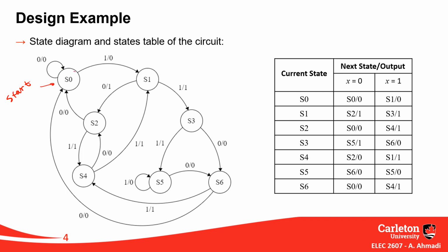If you receive a 1, the state will be different. You are moving to state number 1, but your output is still 0, because what you have had is a string of zeros and just one 1 as input. So your 4-digit number will be 0001, which is not a prime number.